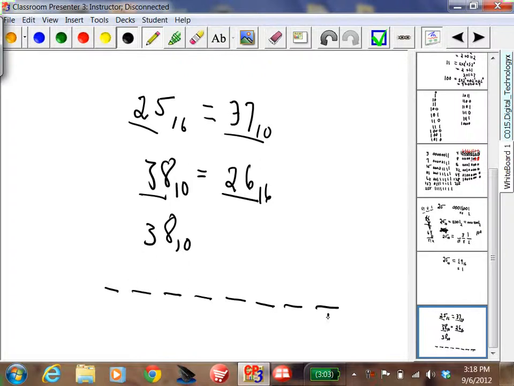This is the ones position, the twos position, the fours position, the eights position, 16, 32, 64. The 64 and 128 clearly are zero because they're bigger than 38.